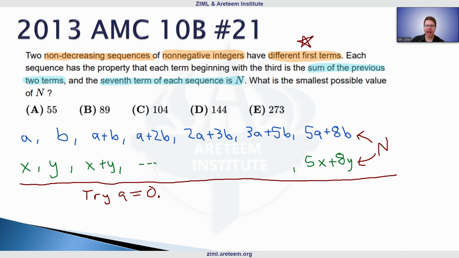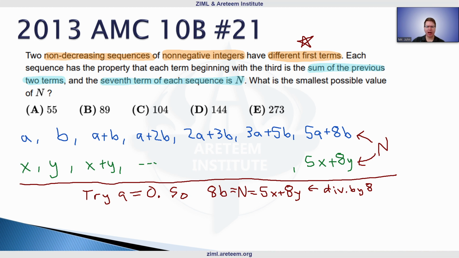So, if a is 0, then what do we have? This tells us 8b, since a is 0, 8b is just our n value. And that's supposed to be equal to 5x plus 8y. And now we have a kind of interesting thing we want to note here. Note that n is 8b, so this whole thing we have here must be divisible by 8.